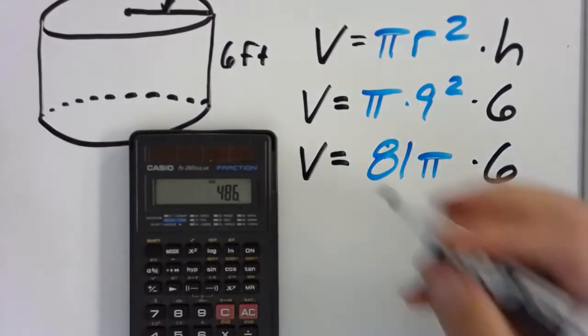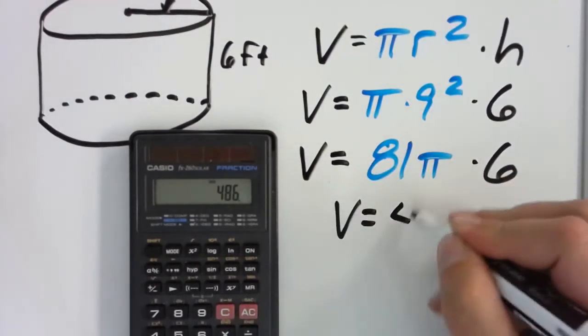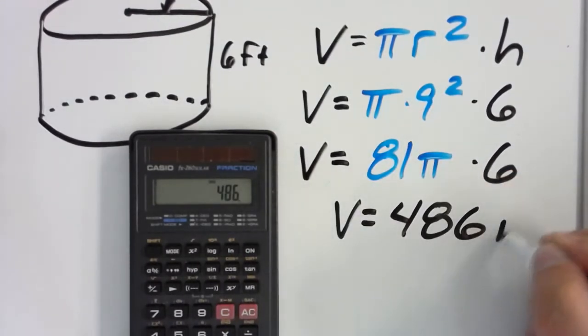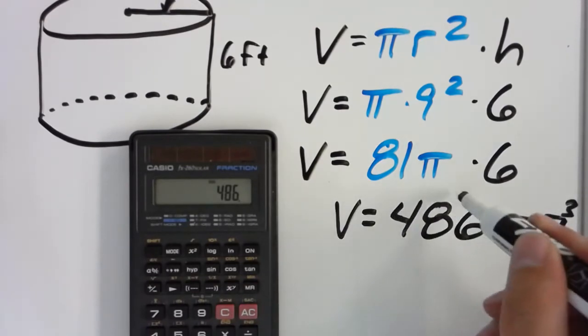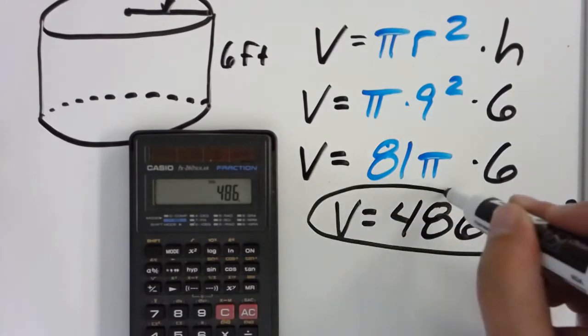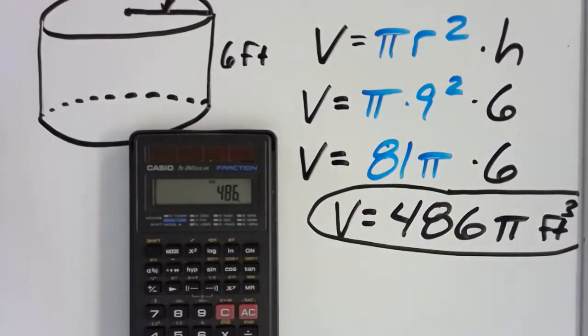And that's going to give me a volume of 486 pi. That's an exact number, again, a non-approximated number. The units here are feet, or more specifically, cubic feet. So this volume right here is the exact volume of this swimming pool, for lack of a better term.